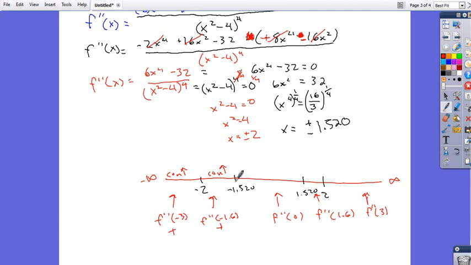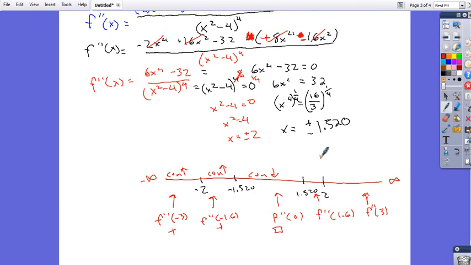Alright, right here, now I've got to test what 0 is. That should be easy. Yeah, that's going to be positive, isn't it? Or no? No, it's going to be negative, because that becomes 0, and that's negative, and that's always positive. So a negative and a positive make a negative. So here it's concave down. Alright, let's test this.